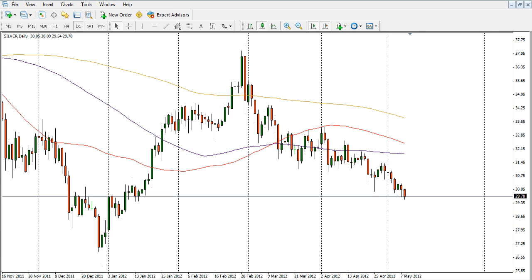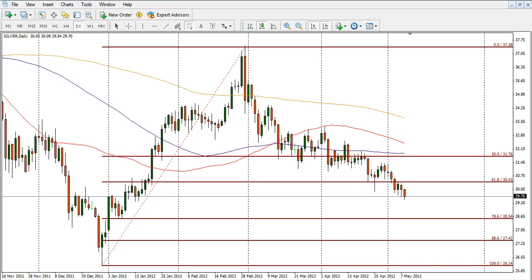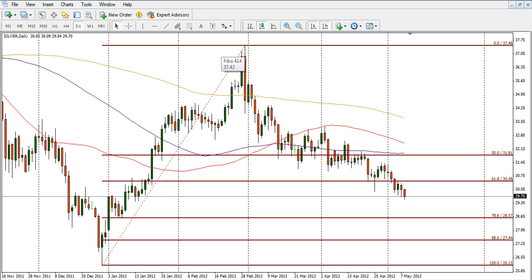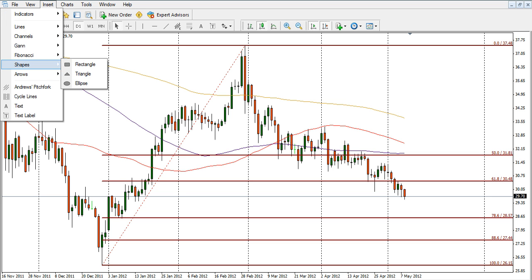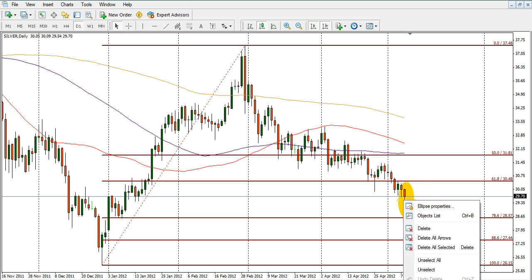In terms of the fib setups, it's looking heavy, silver, in my opinion, much heavier than gold, and it's not really reacting too well. It was reacting quite well to the 61.8 around here. I'll just highlight that for you. You can see around there it was a nice sort of reaction around the 61.8, but now we're below this, so it looks like it wants to come down and maybe test this 78.6.